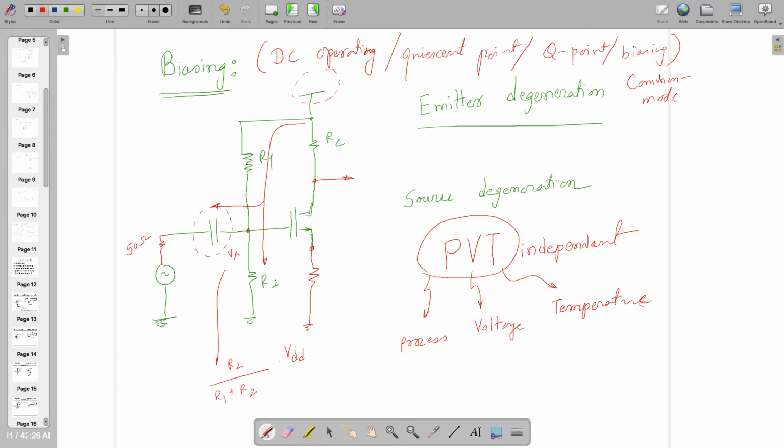Any of these means you are fixing the DC potential for this transistor, and you are fixing that this transistor will be in saturation mode of operation or maybe another mode, whichever you want. In this case, when you want amplification, you want it in saturation, right? So we did this one.